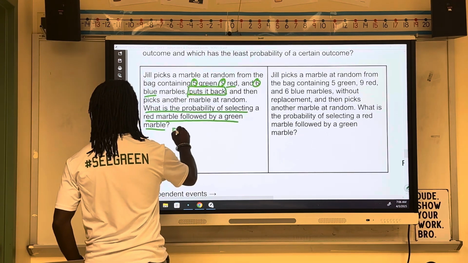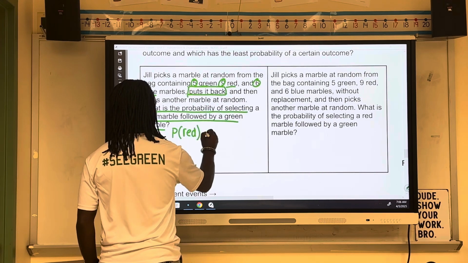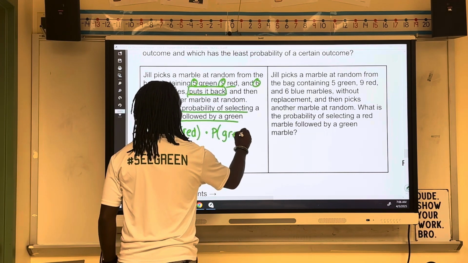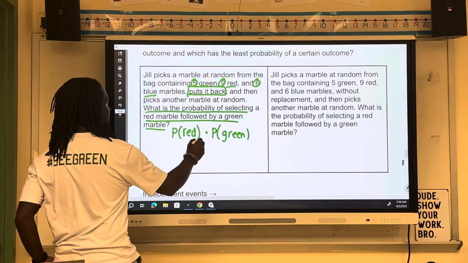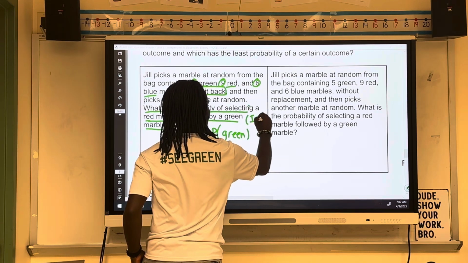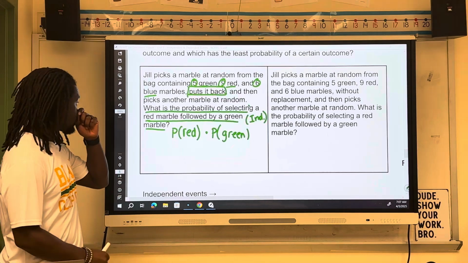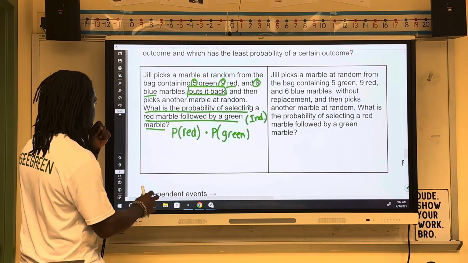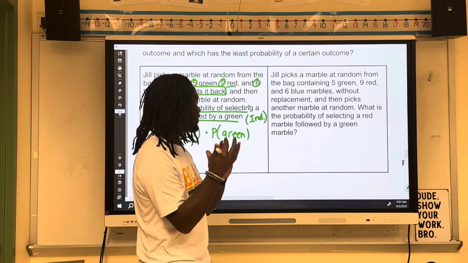We are looking for the probability of selecting a red marble times the probability of selecting a green marble. And the key is she puts it back. Because she puts it back, that is independent. The first selection will not affect the second one because she put it back. I'm still going to have the same number of marbles.